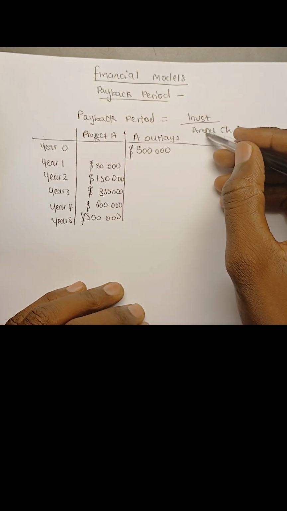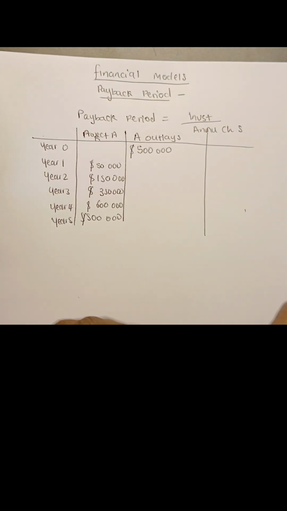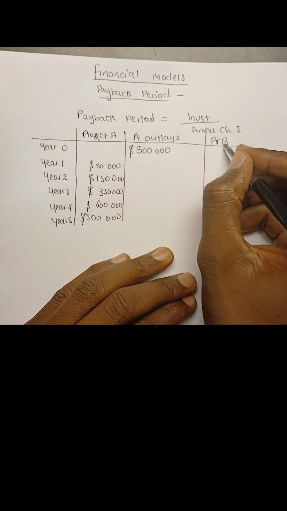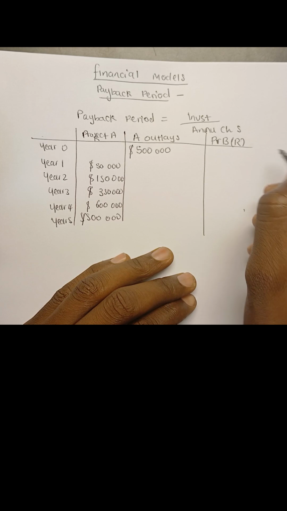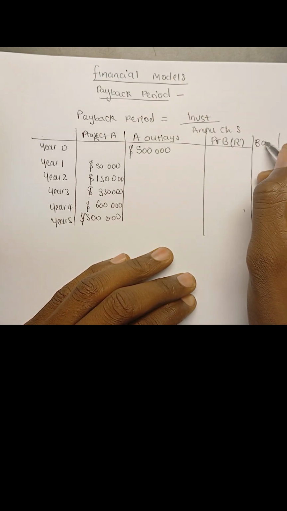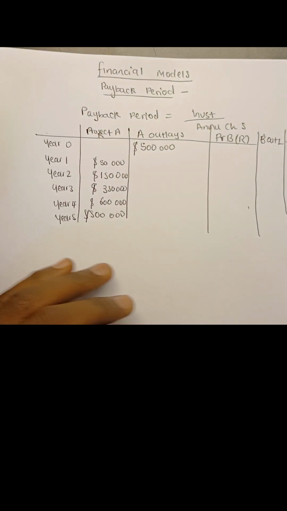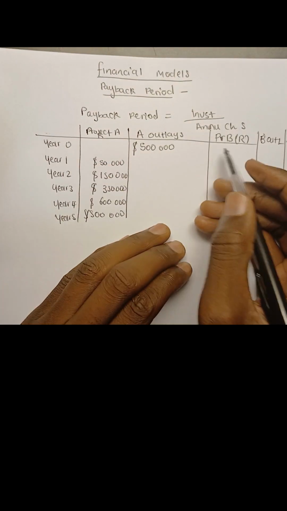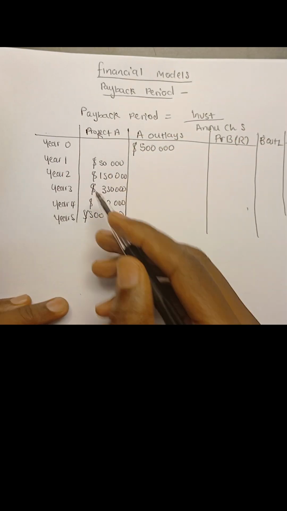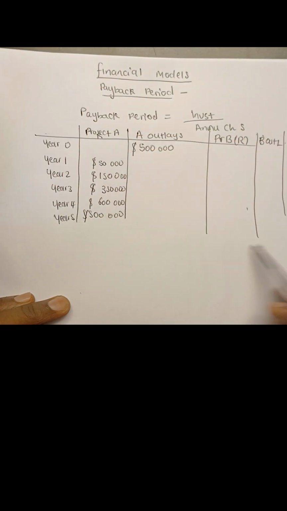Now maybe project B, I'm going to create it as well, or let me just write it: project B revenue, and then we have B outlay, project B outlay, right? Now these are the same things. So we're using the same years for both projects, but you're comparing this project and this project, right?